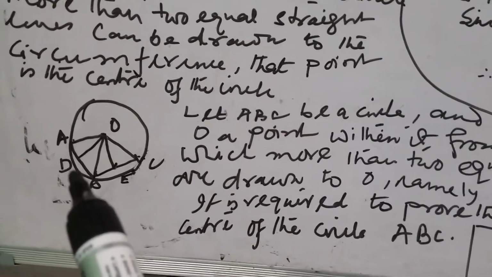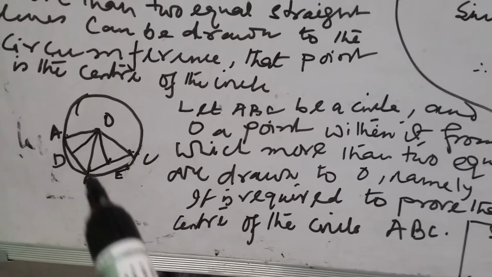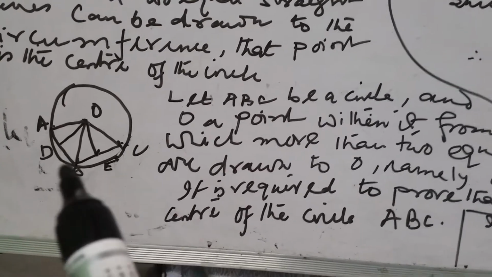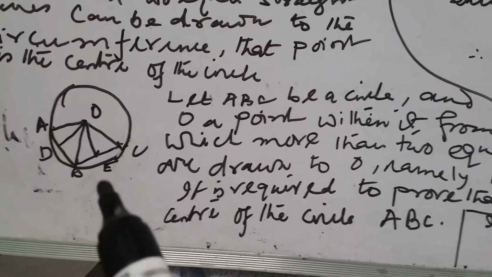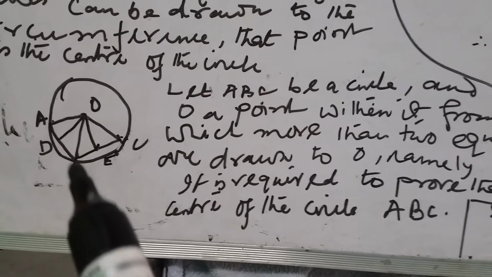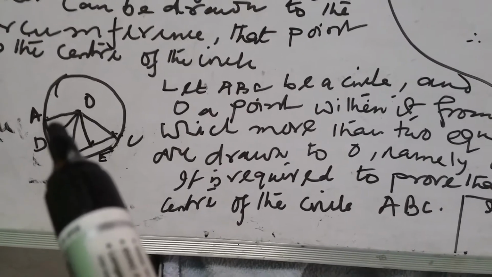Suppose D is the midpoint of AB and E is the midpoint of BC. Join OD, join OE. Now in OAD and ODB, what do we get?